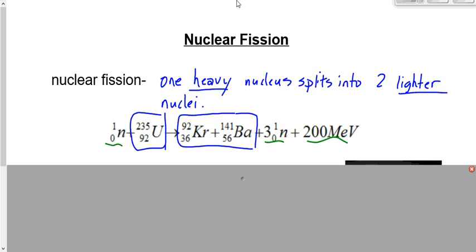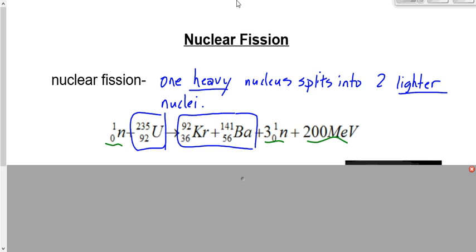That neutron gets absorbed by the uranium-235 and for ever so short a time becomes uranium-236. Then it decays into any one of a number of possible combinations, including the one you see up on the board, krypton and barium. We need to fire this neutron at the uranium to get this thing going.